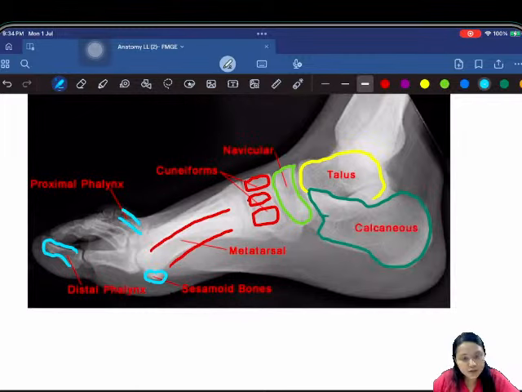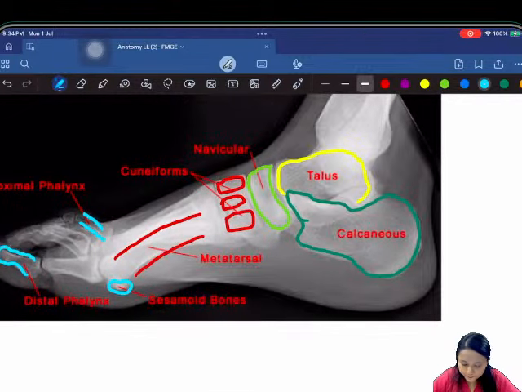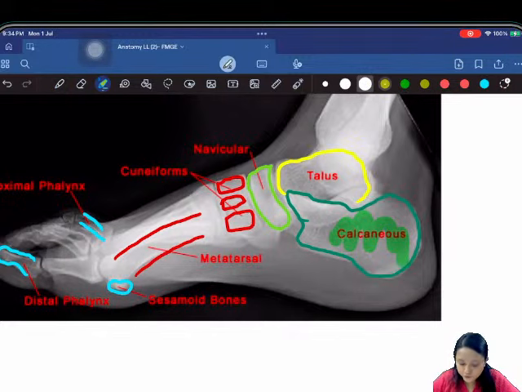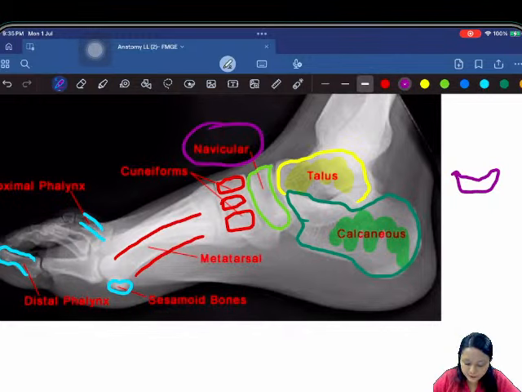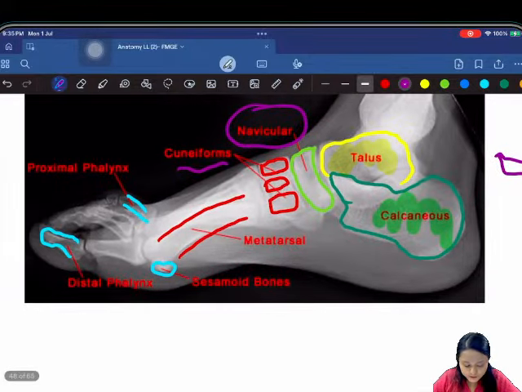Only about the tarsal bones. First you know that this is your calcaneus. The bone above it is your talus, and you know that navy is in the sea and in the sea goes a boat. And boat shape is your navicular bone. After that three small bones come, that is cuneiform, and then you will have the metatarsals, the proximal phalanx and the distal phalanx.